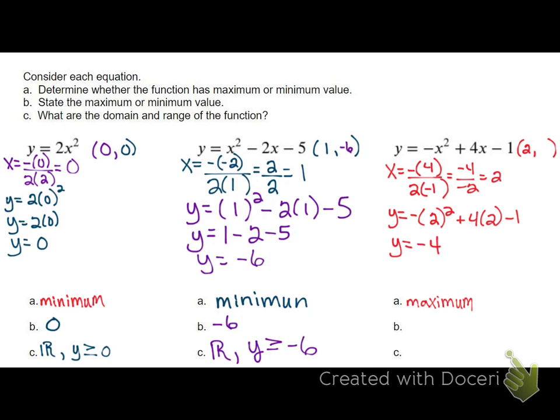Bring that negative down. 4 times 2, 8, and then minus 1. Okay, what's negative 4 plus 8? 4. Minus 1? 3. So my y value is 3. So my maximum value is 3, and then my domain, all real numbers, and then my range. Y is less than or equal to 3.